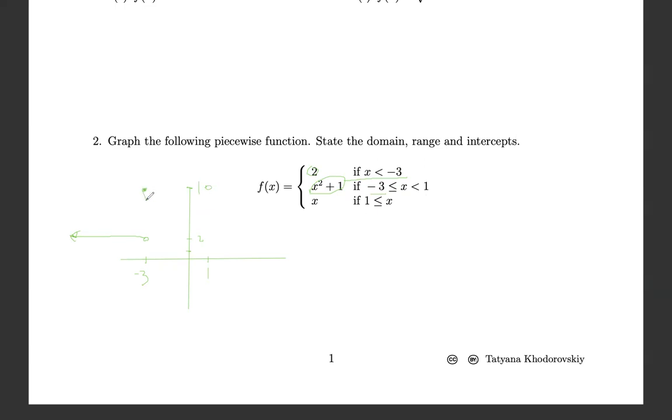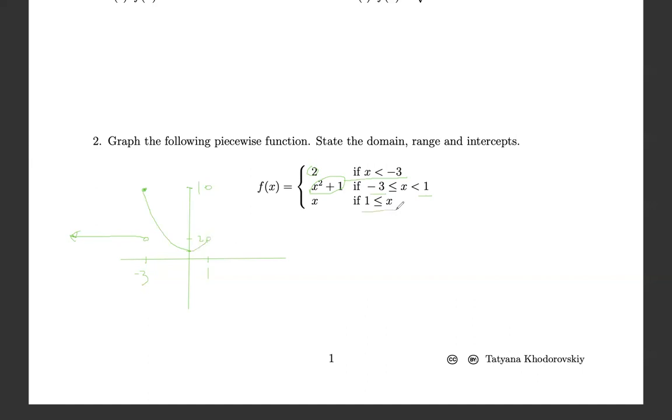Then it's a quadratic. So like this. The y-intercept is 0, 1. Then up to 1, but not including 1. So at 1, we have 1 squared, which is 1 plus 1, which is 2. But we make an open circle because 1 is not in the domain. So we have this piece, second piece.